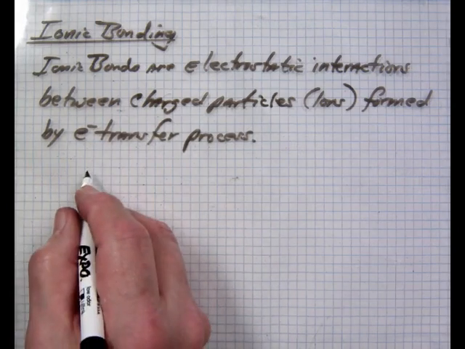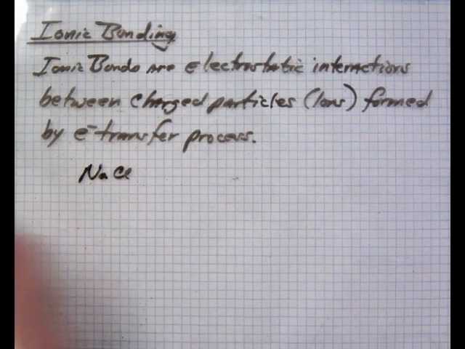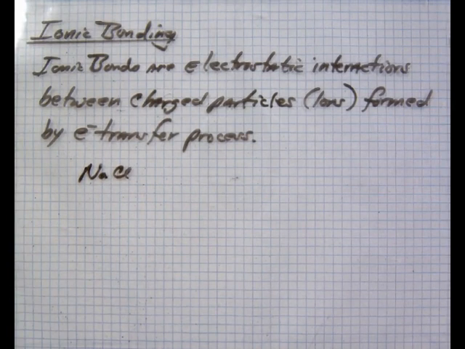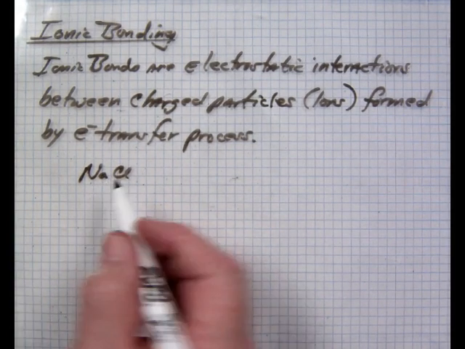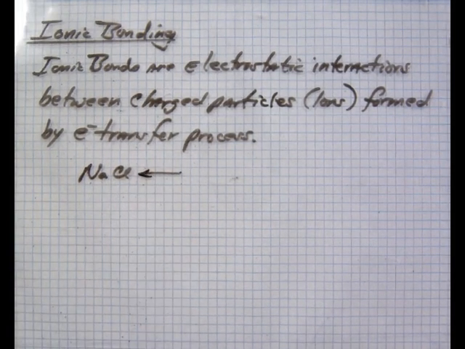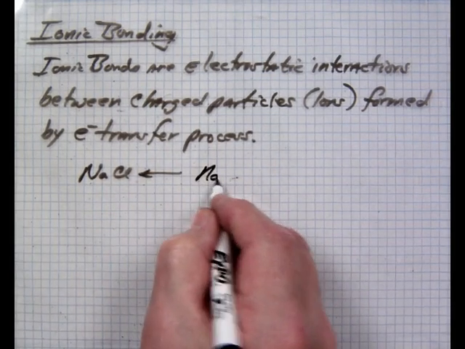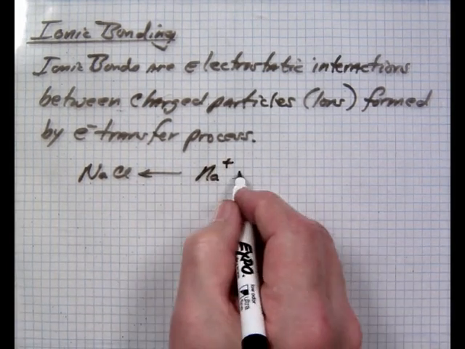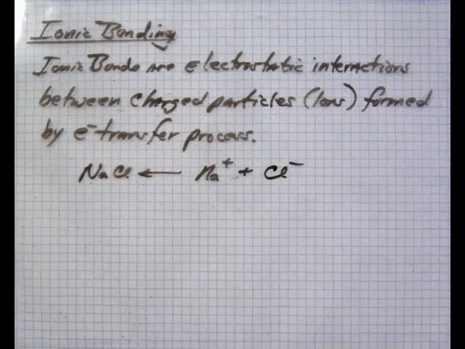So if we look at something like sodium chloride, which is very common table salt, in the formation of this, I'm writing it backwards, you have to have an interaction of a cation and an anion.